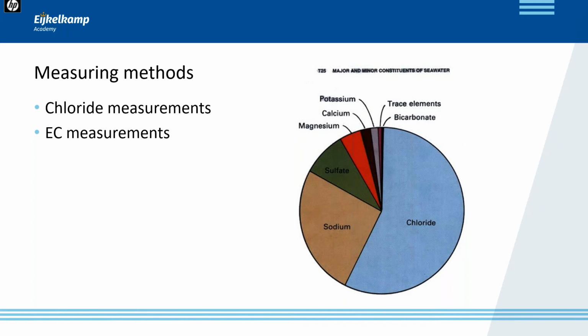Electrical conductivity is a measurement of the water's ability to conduct electricity and therefore is a measurement of the water's total ion concentration. Salinization is not only caused by chloride or one specific ion, and it can be a number of ions which contribute.